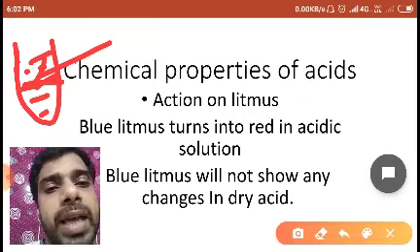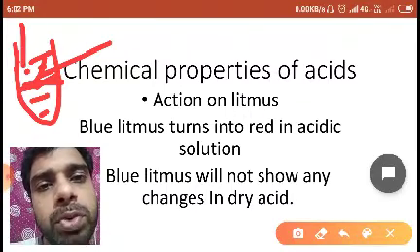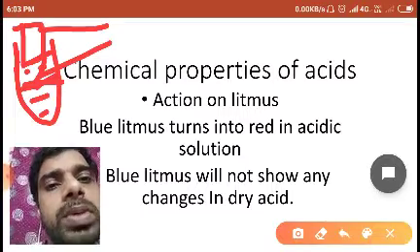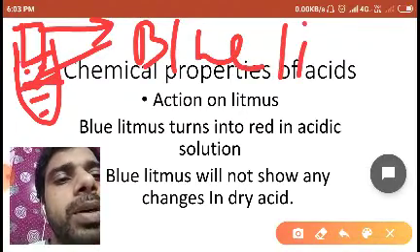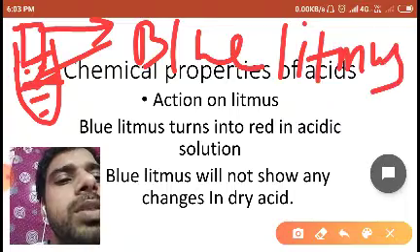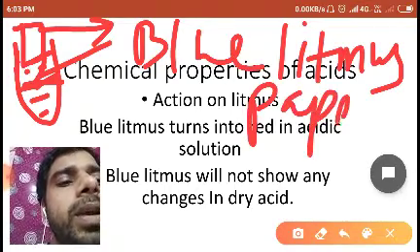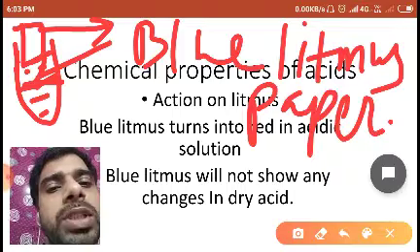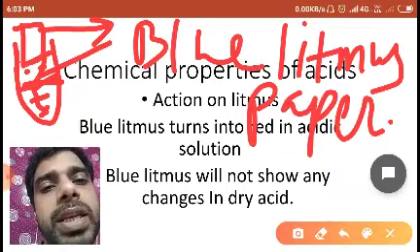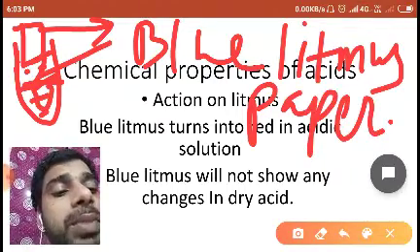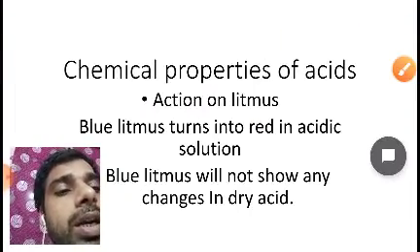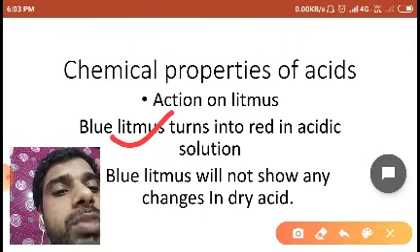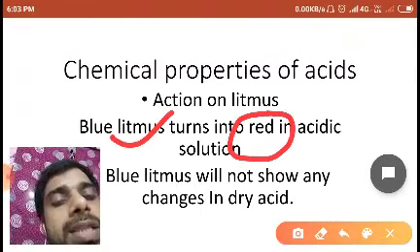And if we dip the blue litmus paper, suppose this one is blue litmus paper, into the acidic solution, after dipping it will change into red. That means you can see that blue litmus turns into red in acidic solution.